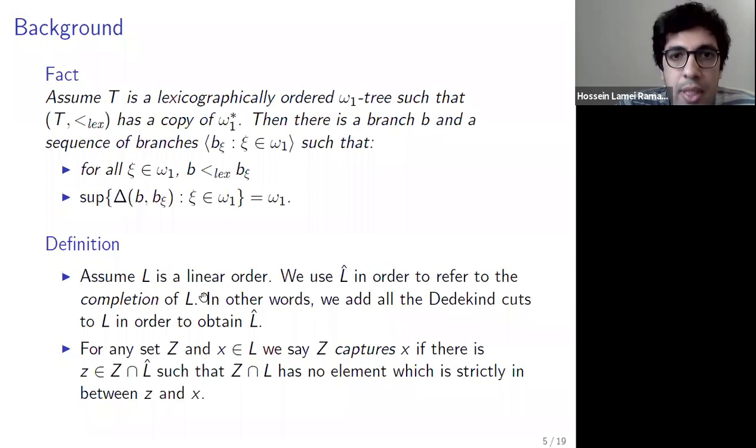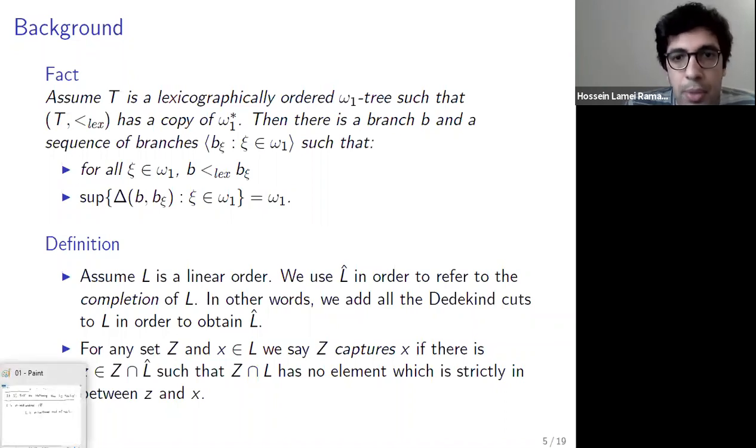One of the properties of the linear order that we are going to construct, generated by a forcing, is that it does not have a copy of omega 1 star. So let's see what happens when a lexicographically ordered omega 1 tree has a copy of omega 1 star.